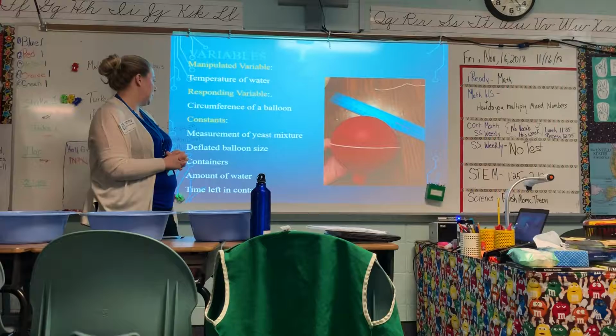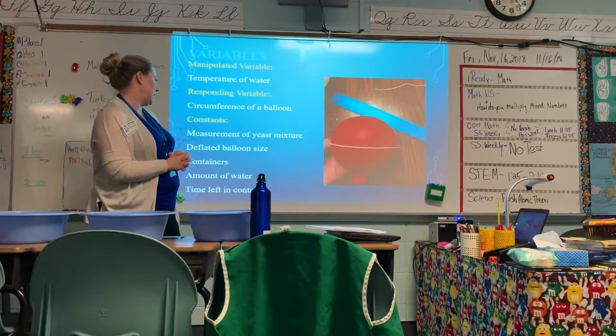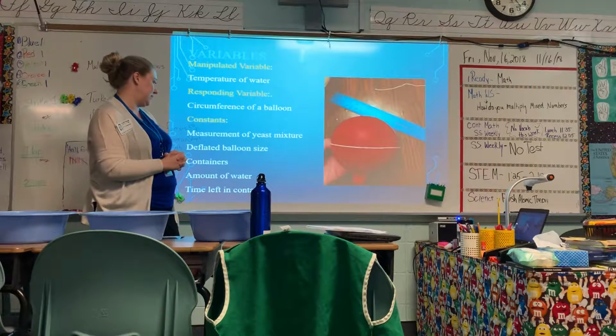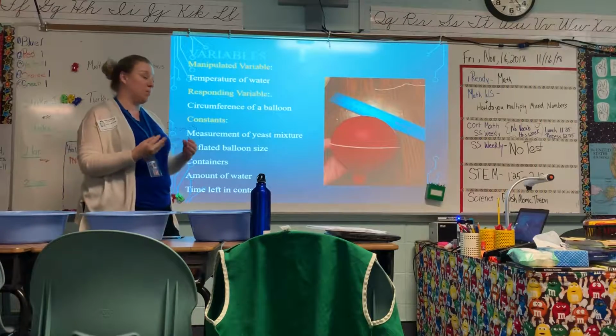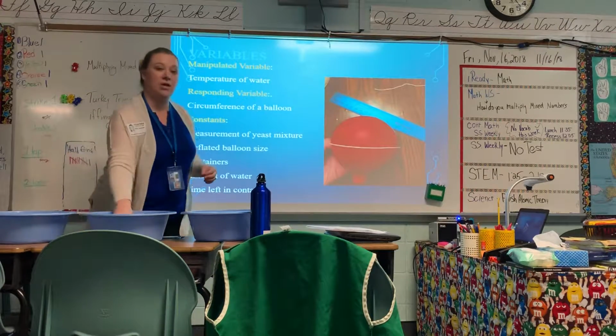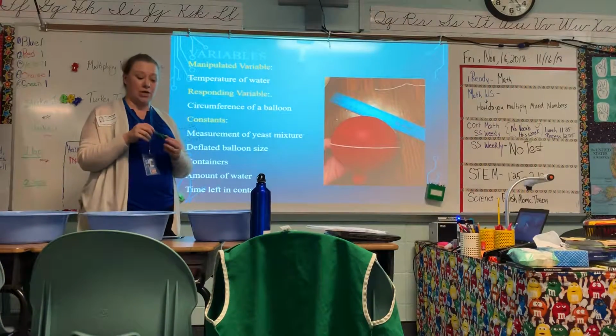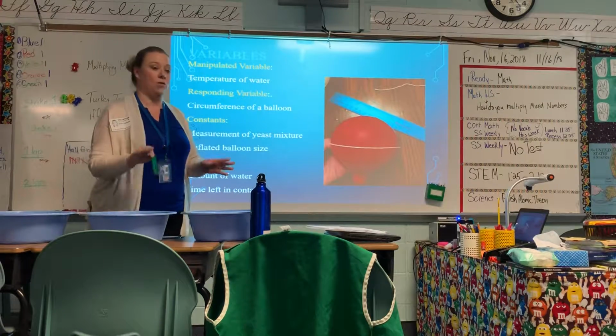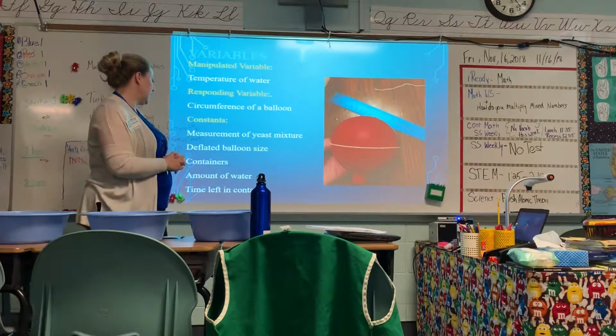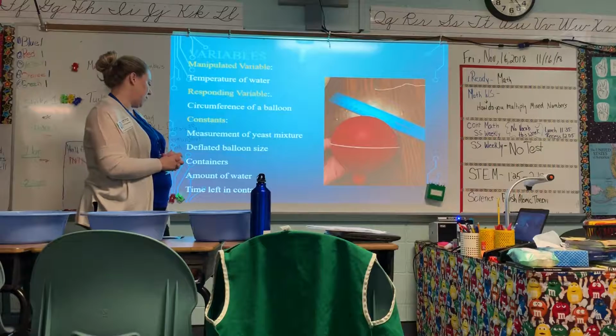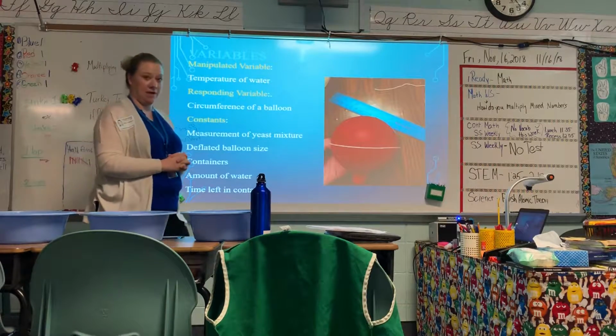Our constants were the measurement of the yeast mixture, our deflated balloon size, the 30 balloons all the same size, the containers, the amount of water, and the time left in the container.